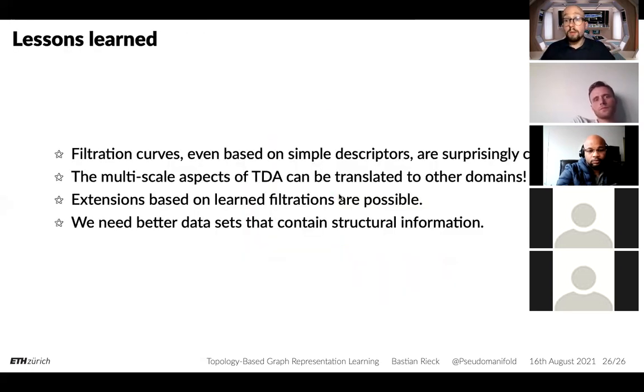Now, with this, I want to finish and talk about some lessons learned from this project and from the other project. So the first one is that these filtration curves that I showed you in the previous slides, even the ones based on very simple descriptors, such as a node label histogram, are surprisingly competitive. But moreover, this also means that these multi-scale aspects that we saw before can be translated to other domains.